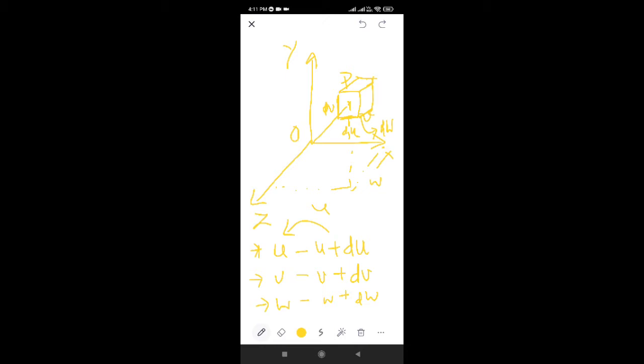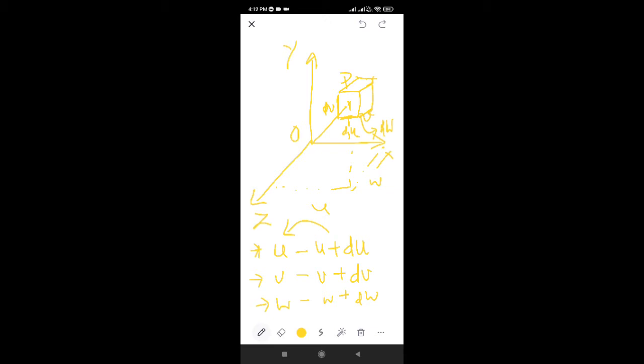There are so many molecules in between u to u plus du, v to v plus dv, and w to w plus dw. But within this du, dv, dw box, only one molecule is located. We are considering only one molecule located inside this box.